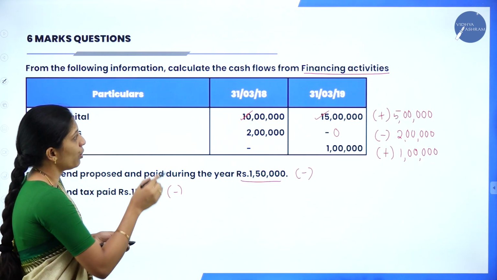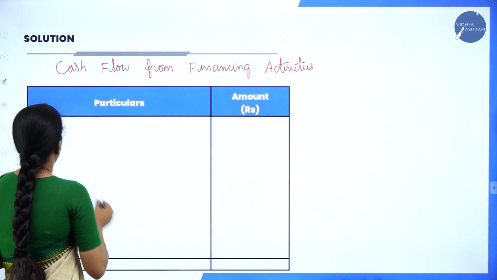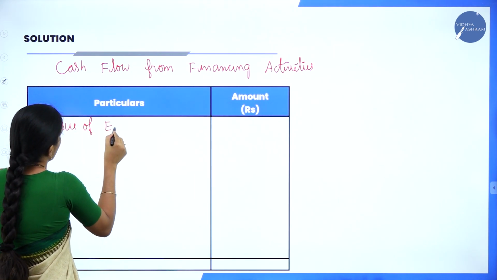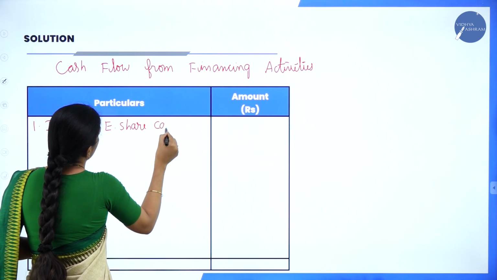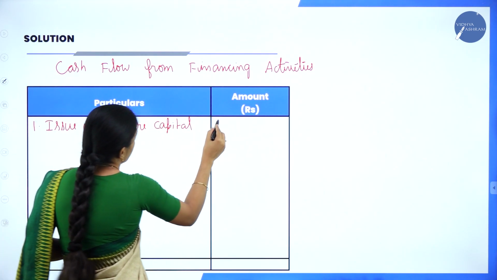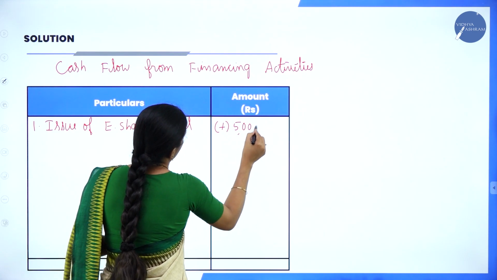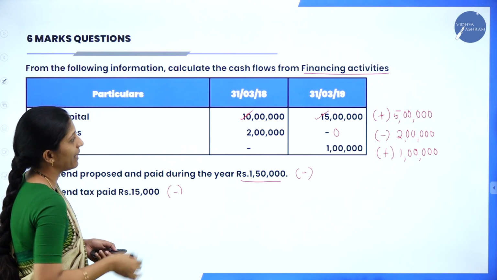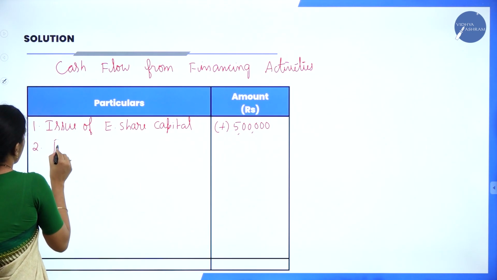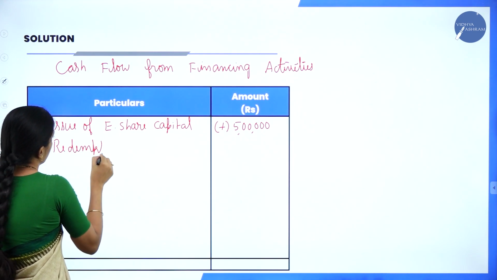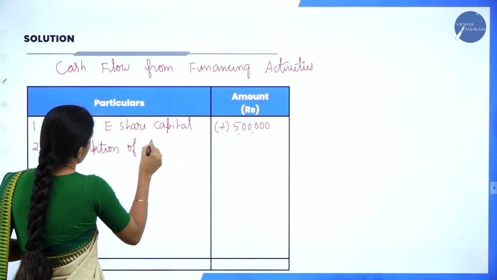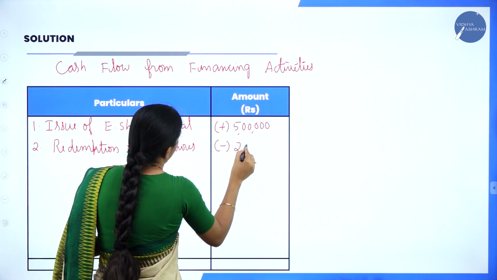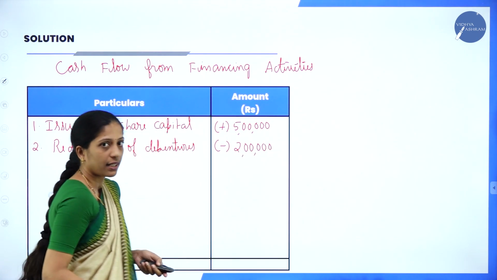So issue of equity share capital, that is plus 5 lakh. Next one is debentures. So here redemption of debentures, that is minus 2 lakh because it has decreased.